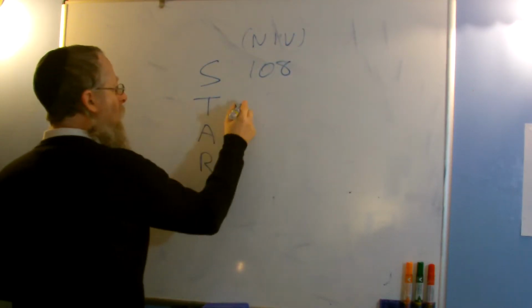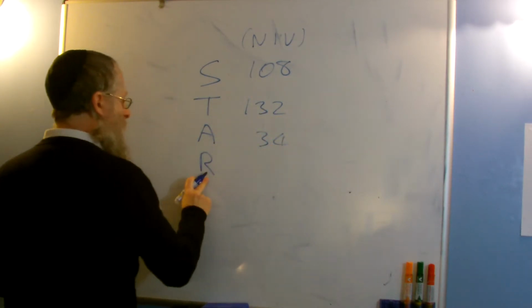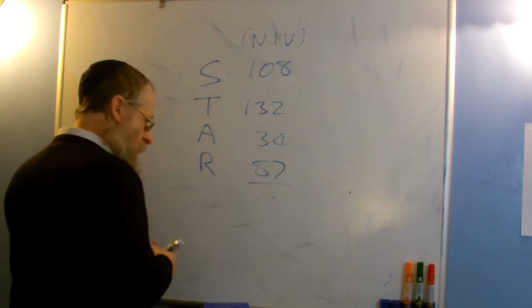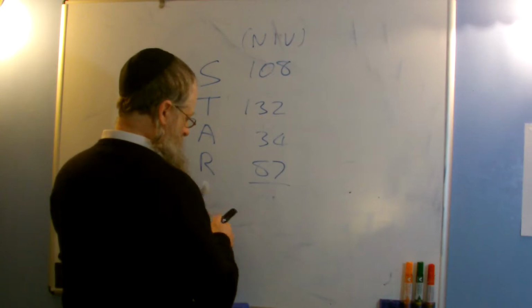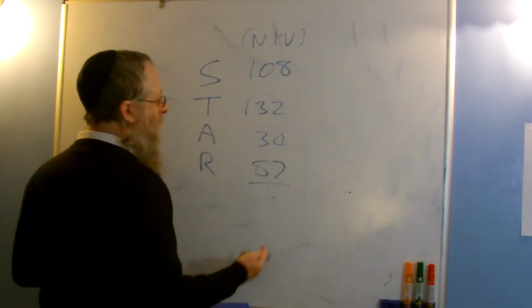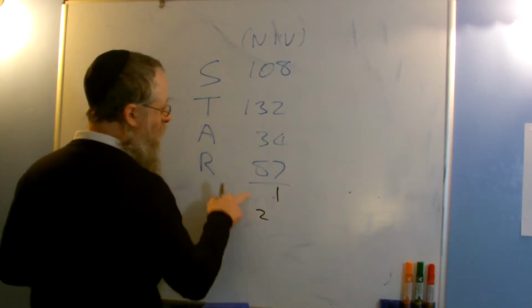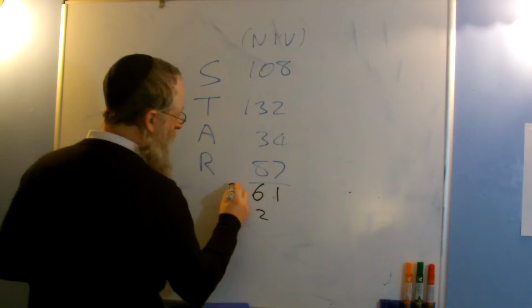T is 200, 200 is 132. A is 1, 34. R is 90 and 90 is 87. So if I now work that out, I will get 8 and 2 is 10, 4 and 7 is 11, that's 21, carry 2, 2 and 8 is 10, 16, carry 1, 1, 2, 3, 361.